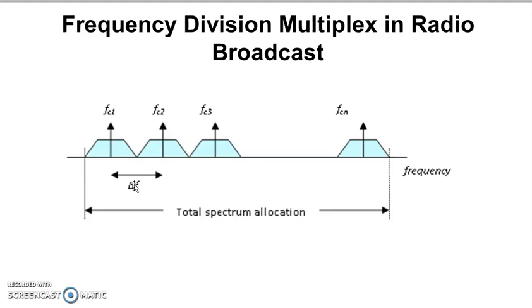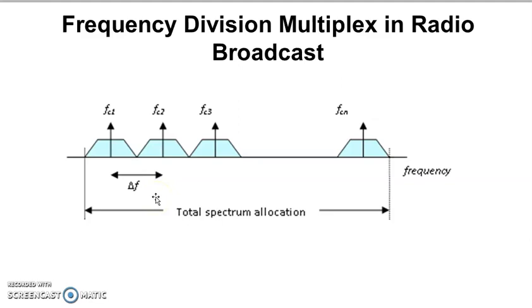The available bandwidth of each channel is divided between multiple users. The available bandwidth is divided into FC1, FC2 for the multiple channels, and this method of sharing is called FDMA.